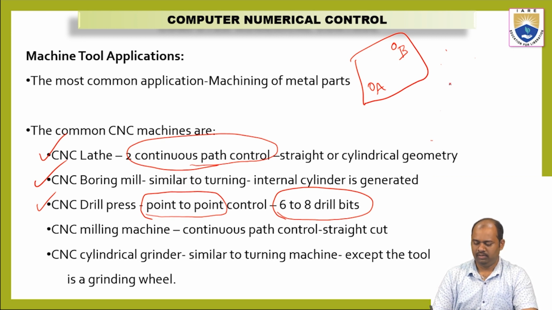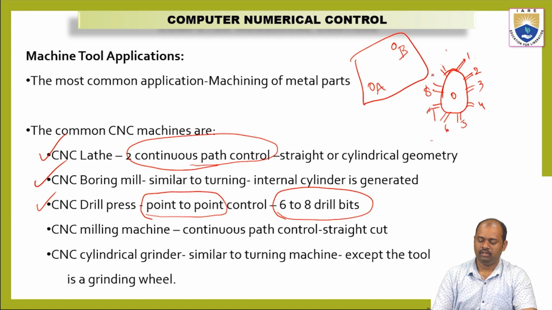Okay. Now I will draw a small diagram. This is a tool post where we can fix multiple drills. So each line is 1, 2, 3, 4, 5, 6, 7, 8, 9.